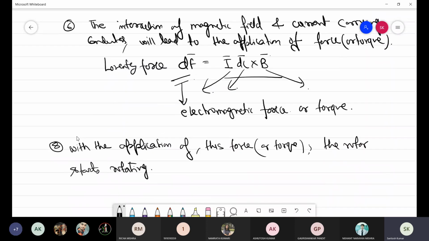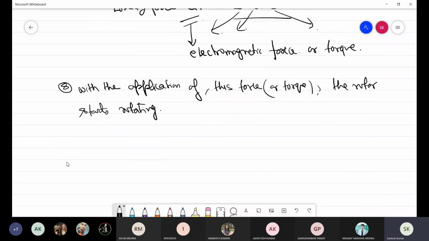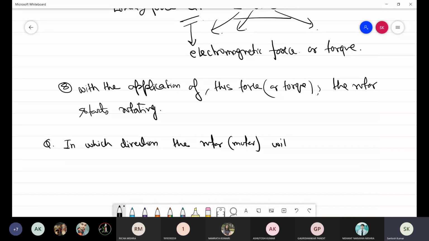Now the question arises: in which direction will the rotor or the motor rotate?